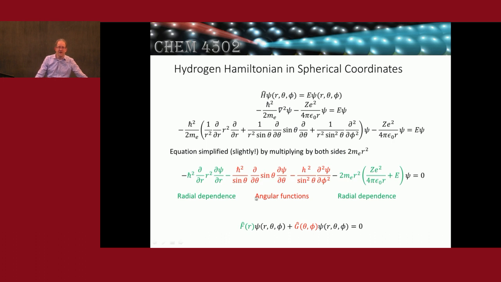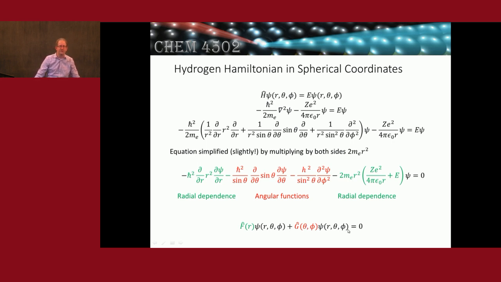Right? And notice here, when we have this red term, we have minus h bar squared over sine theta d by d theta. Right? This looks like the Legendrian. No radial dependence in there. And in these two green portions, we have no angular dependence. Okay? This suggests, right, we're writing this up as an operator. So we can rewrite this as an operator that depends on the radius, the distance from the nucleus, operating on our wave function, plus some operators that depend on the angle operating on our wave function.